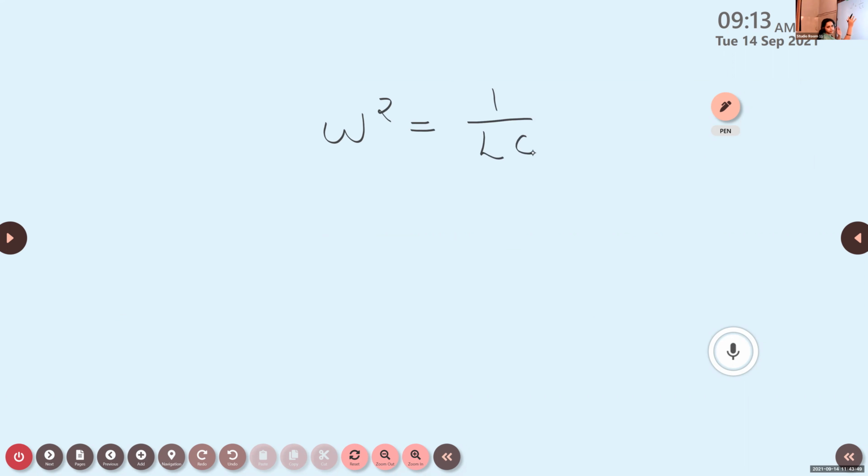We only need this term in order to explain the frequency, because here we are deriving the frequency of oscillation. So by comparing the above two equations, we get omega square is equal to 1 by LC, or omega is equal to 1 by root LC.